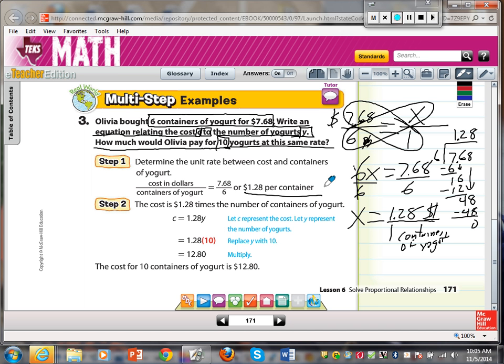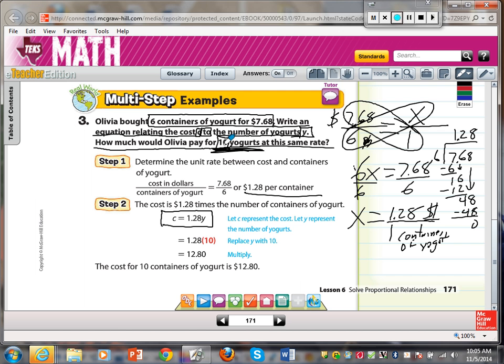So then they want to know for 10 containers of yogurt. Okay, so you could set up the cost is equal to the cost of 1 container of yogurt times the number of yogurts that you want. So in this case, now that we set up the equation, we can actually substitute any number we want.